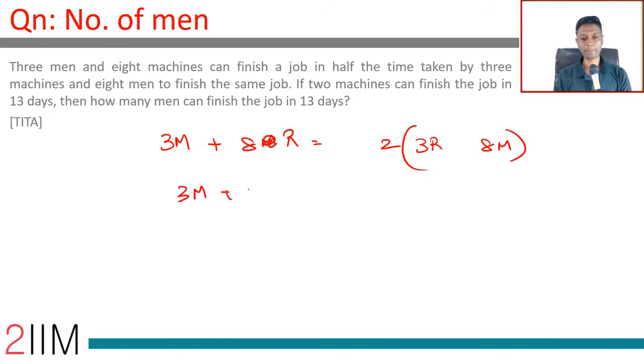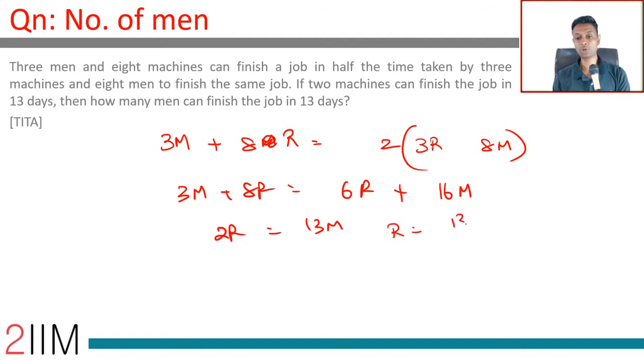Or 3m plus 8r is 6r plus 16m. 2r equals 13m, or each robo is as good as 13 by 2 men.